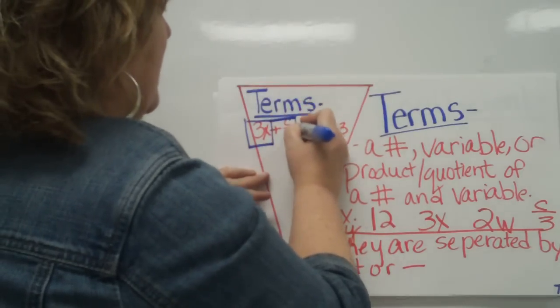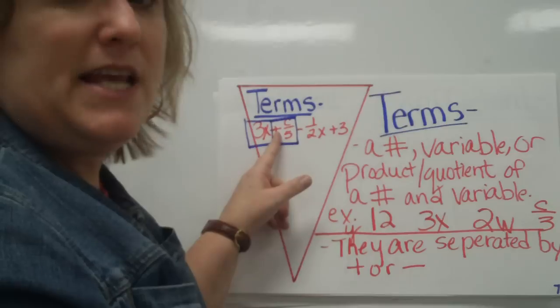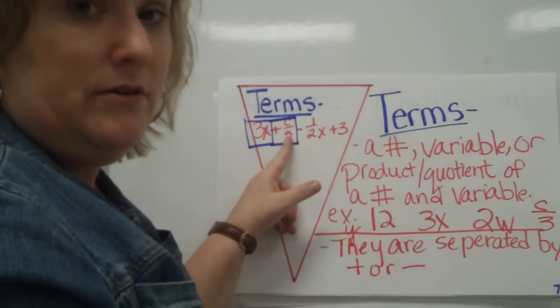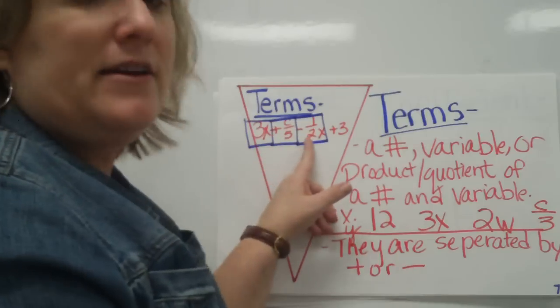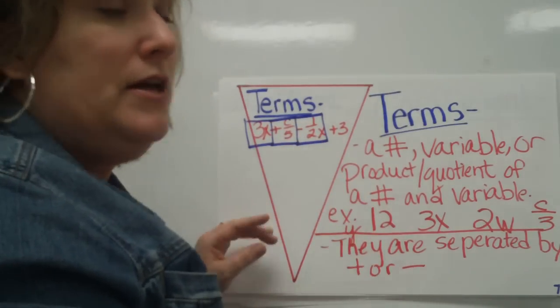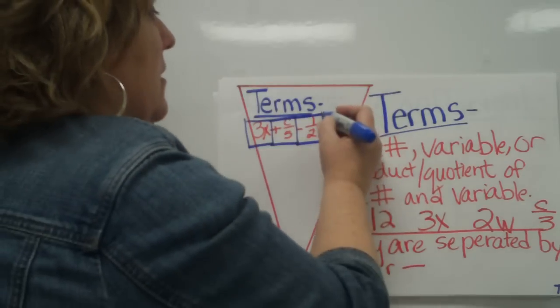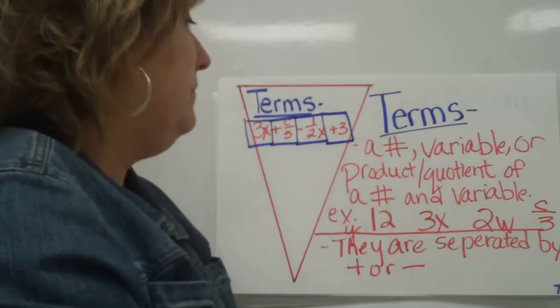In this case, c over 5 is a term, but we have to remember that it's a positive c over 5, or c divided by 5. A negative 1/2 x is a term. We take that subtraction with it, and that makes it a negative. This is so important that you remember this. And the positive 3 is a term.